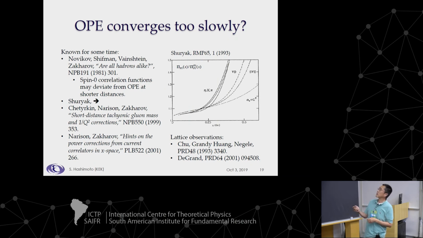And here the pseudoscalar correlator is plotted for the pions and kaons, and that is very different from the QCD sum rule SVZ. That curve is there already at 0.3 Fermi or so, where you see the strong deviation from the OPE analysis. And our lattice data also suggest the same thing.